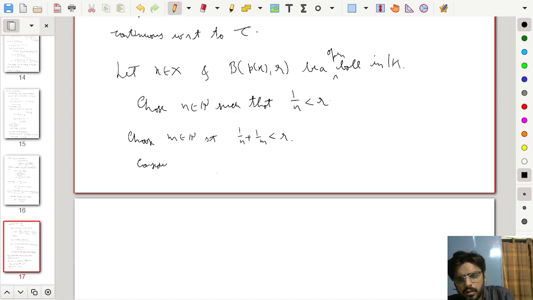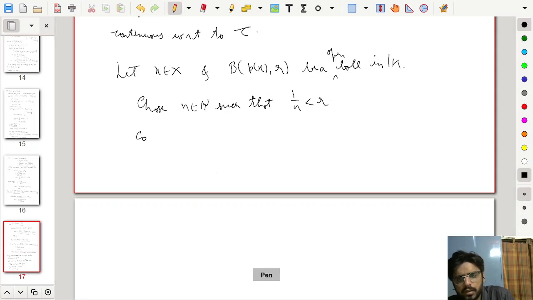Consider x plus V of p comma 1 by m. Right, will this work? Okay, let us check if it works.